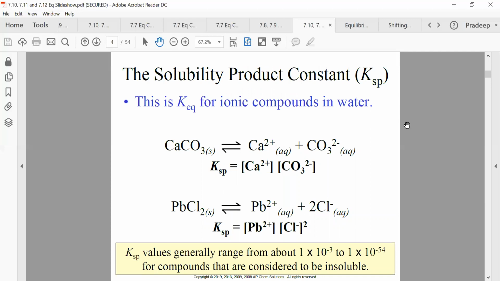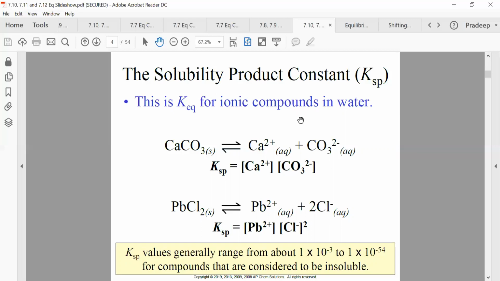So the solubility product. We previously learned about KC and KP. Now there's a new one called KSP, which is the solubility product constant. It tells you the amount of solute that can be dissolved in a given amount of solution, depending on the solubility product constant.